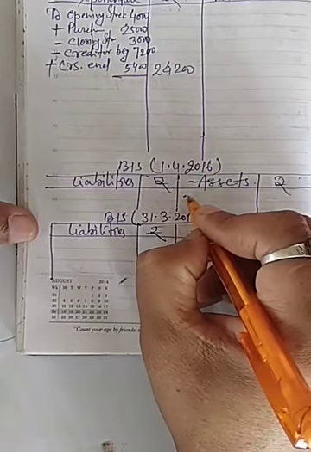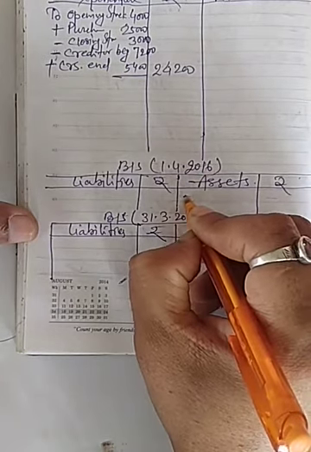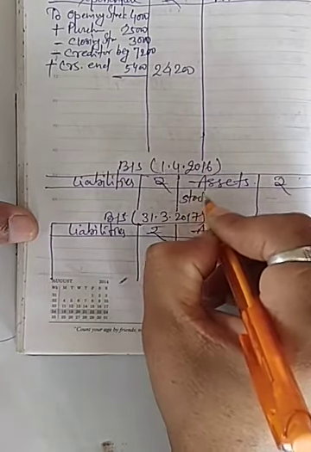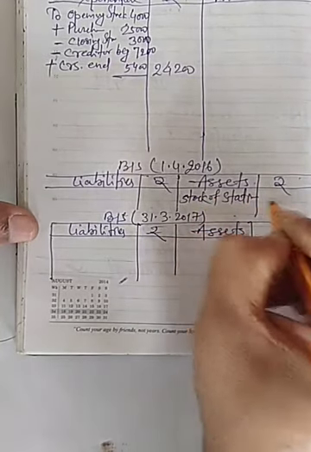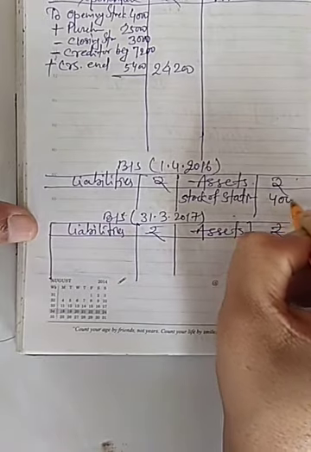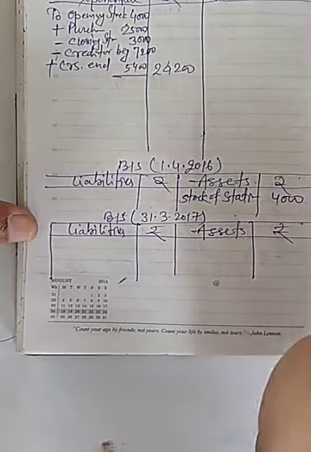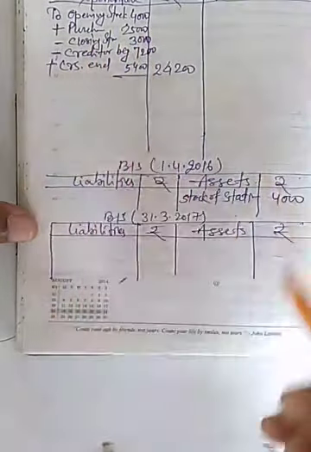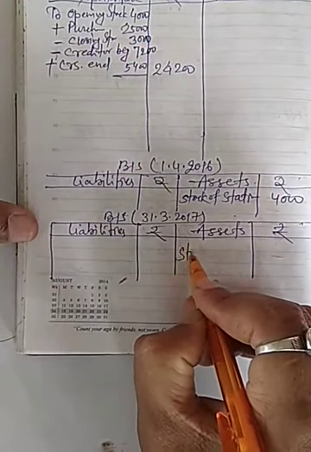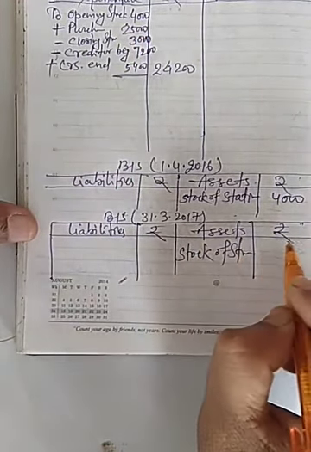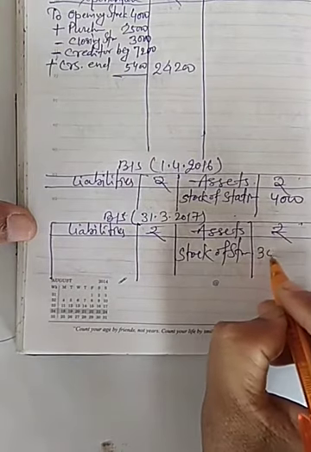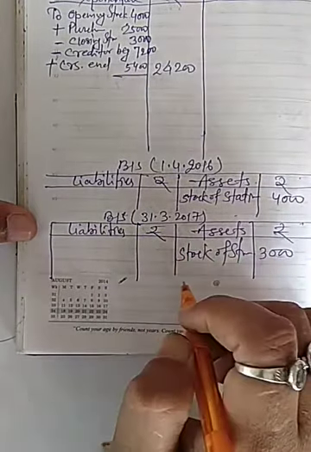So stock of stationery, I will show 4,000. And for closing stock, the stock of stationery will be shown as 3,000 in the closing balance sheet.